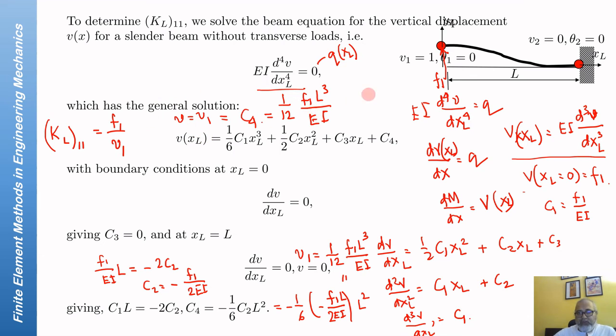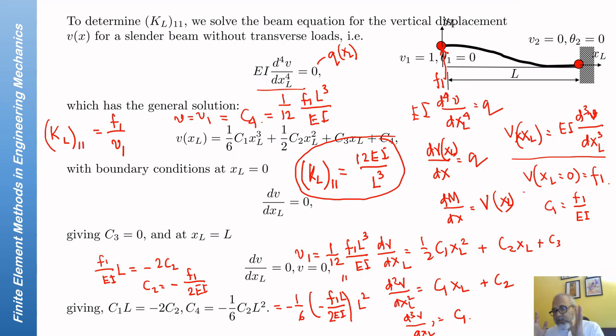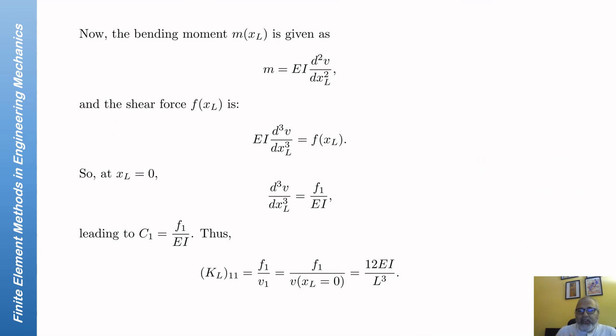So if I do F1 by V1, I get KL11 is equal to 12 EI by L cube. So I have got one component of my stiffness matrix, KL11, using entirely first principles. Okay, so now we will carry on this procedure and find some more components of the stiffness matrix.